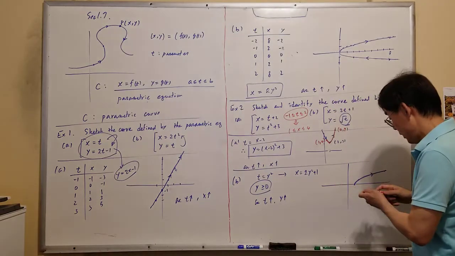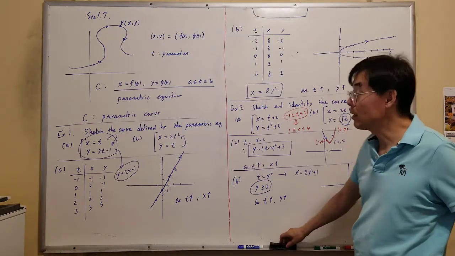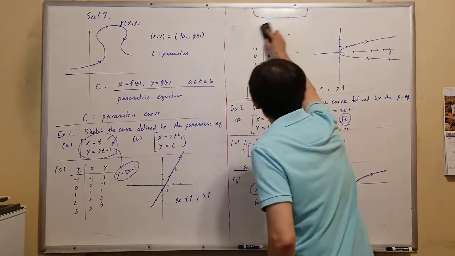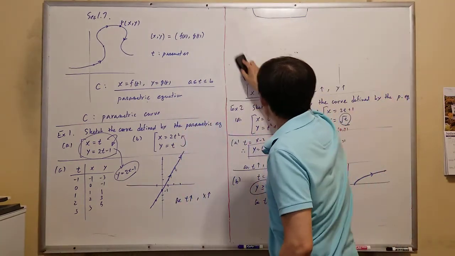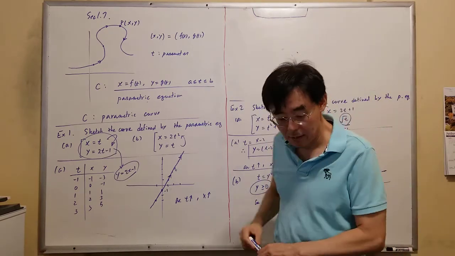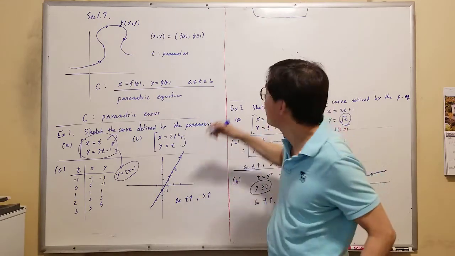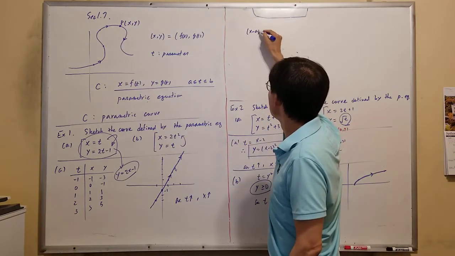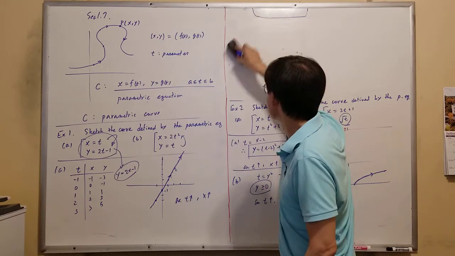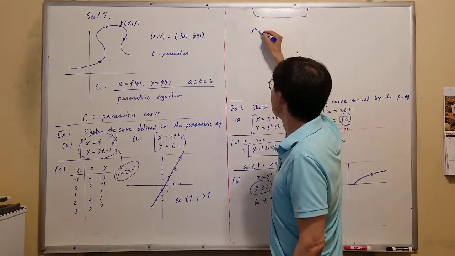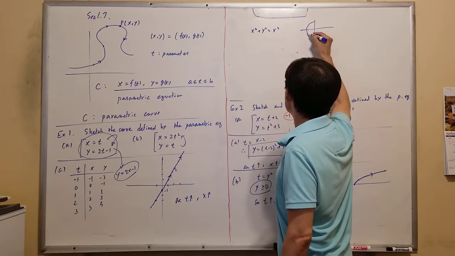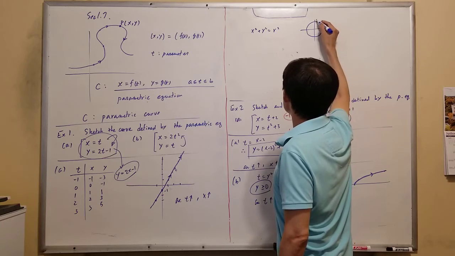Now, next one is very important. Standard parameterization of a circle and ellipse. Now, before we do that one, you know, (x minus a) squared plus (y minus b) squared equals 1. Okay. x squared plus y squared equals r squared is a circle centered at the origin, radius r.